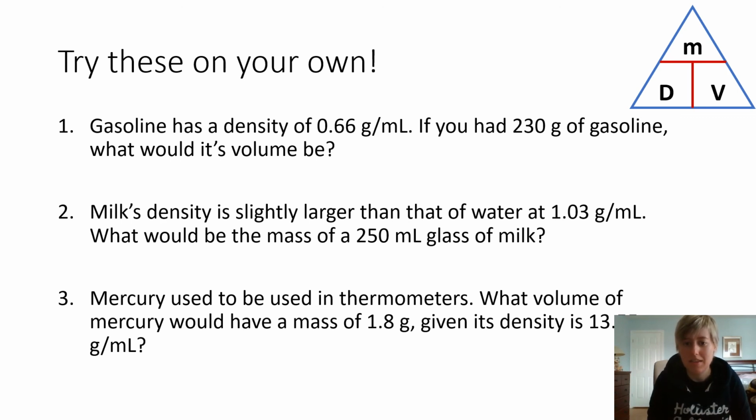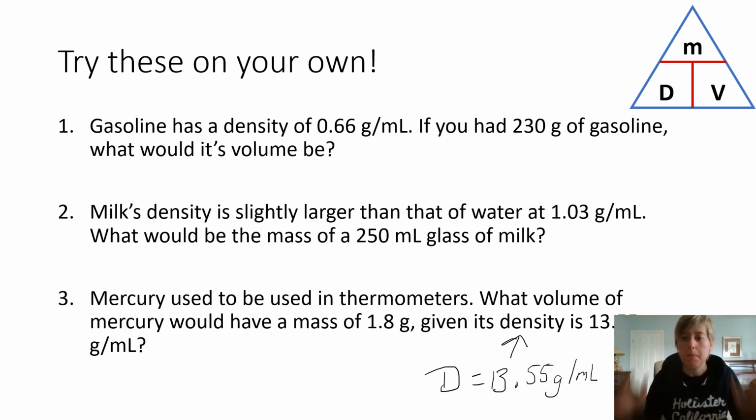So the density of mercury, I'm just going to write it down here, density is equal to 13.55 grams per milliliter. All right, so pause the video, and then after you solve them, we're going to go through each of the answers.